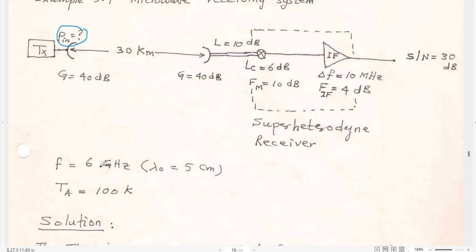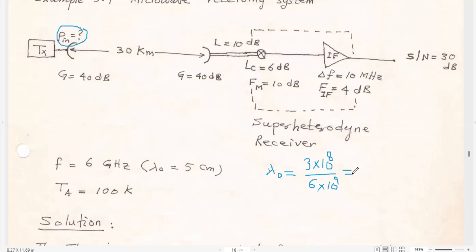The operating frequency is 6 gigahertz and the wavelength is lambda naught equals c over f, the speed of light 3 times 10 to the 8 divided by the frequency, 6 times 10 to the 9, giga being 10 to the 9.